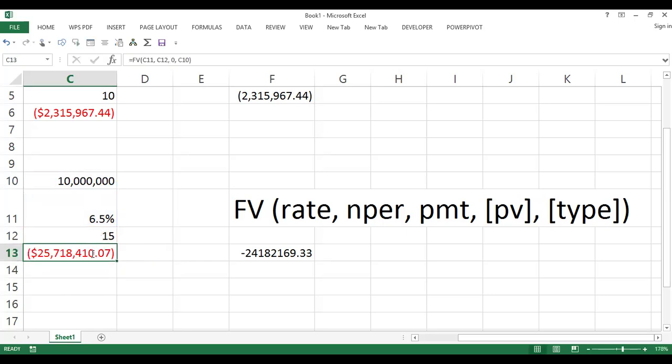In that case, PMT will be 0, and PV will be a value, usually a big value. So for monthly contributions without an initial lump sum, PV will be 0, and PMT will have a value, whatever value. Hope it's clear to everyone.